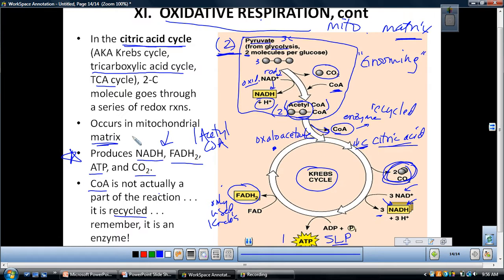Now, if you put numbers with these, from a full glucose that in the beginning went through glycolysis, we would have 2 pyruvates, which means we have 2 acetyl-CoAs. So if we put numbers with this, it should be 6 NADHs, 2 FADH2s, that's just in Krebs. Don't forget we also have this NADH right here that's gained.